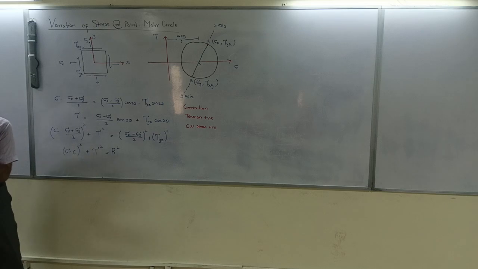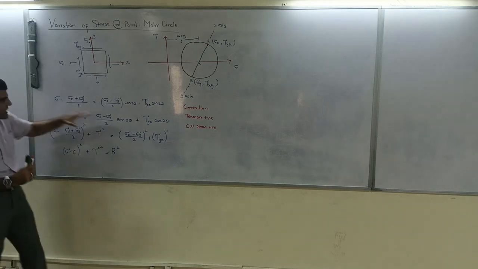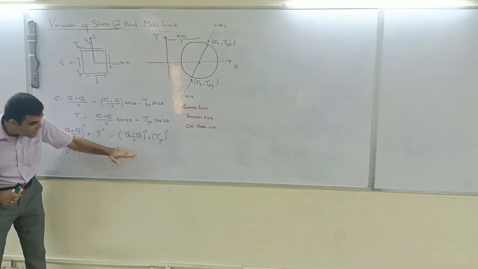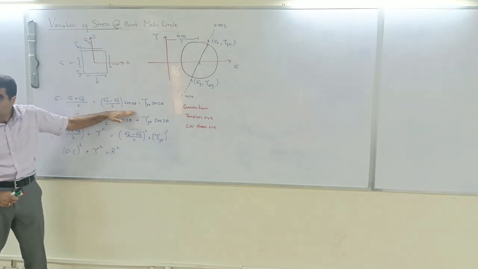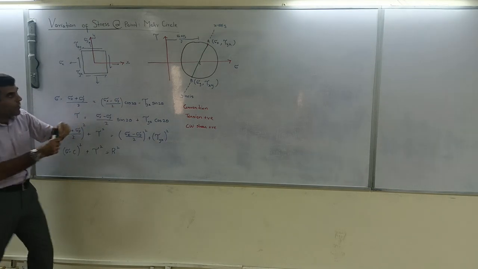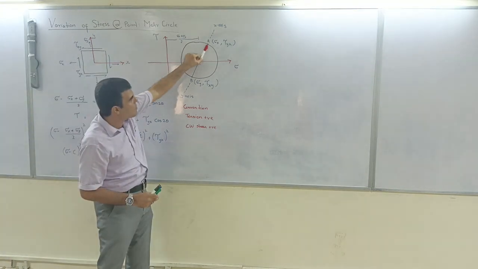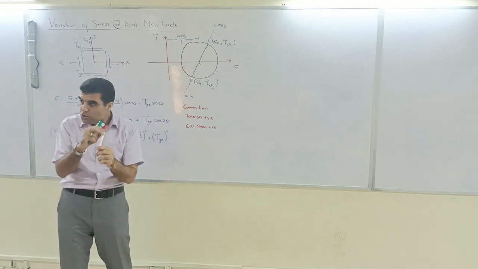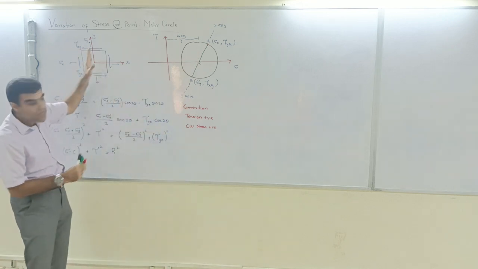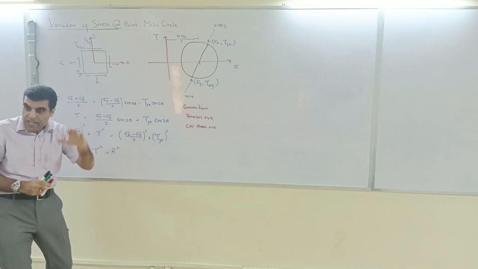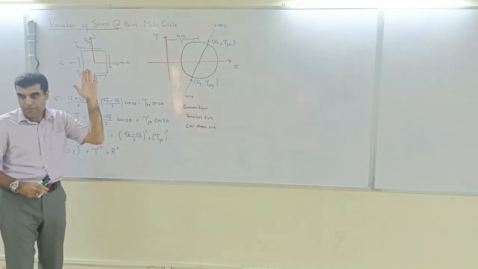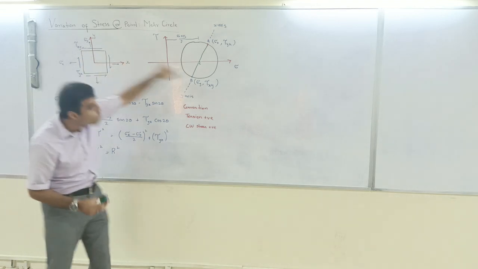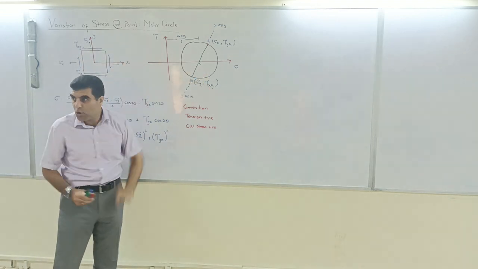And I told you the reason: the Mohr circle equation is derived based on 2 theta. That's why when you are moving your diameter, you move it by 2 theta, and in the real element you are actually moving it by theta. So the theta orientation of the element is equal to the 2 theta orientation in your Mohr circle.